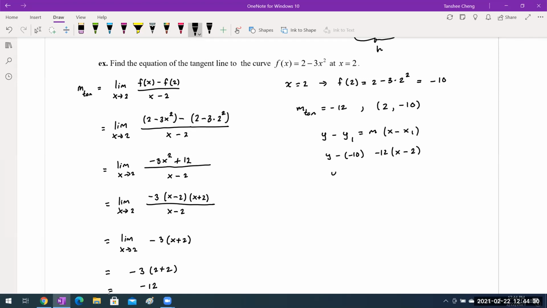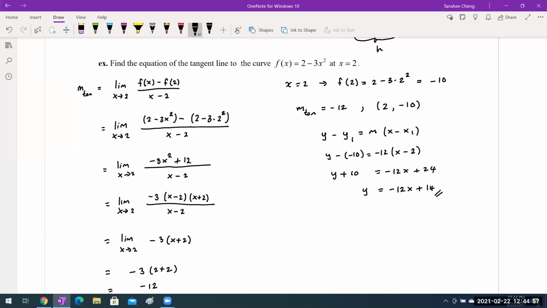So this gives us y plus 10 is equal to negative 12x plus 24, and subtracting 10 on both sides, which will give me 14. So this is the equation of the tangent line at the point 2, negative 10 on the curve of the function 2 minus 3x squared.